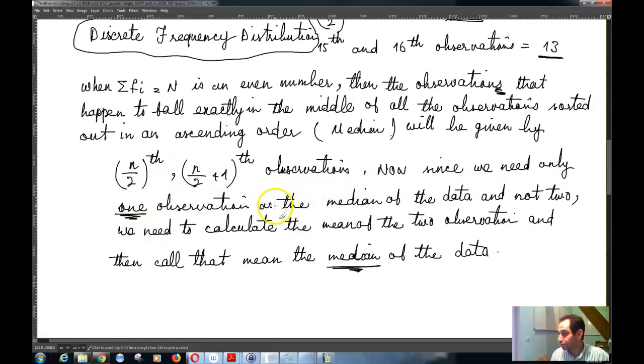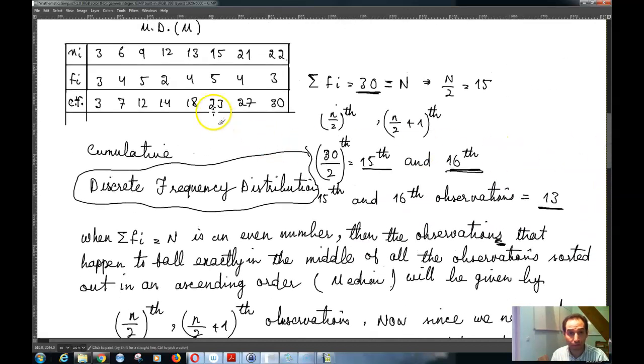And so in this particular case, the median is the mean of the 15th and 16th observations, and both of these observations lie in the cumulative frequency 18 here, for which the corresponding observation is 13.